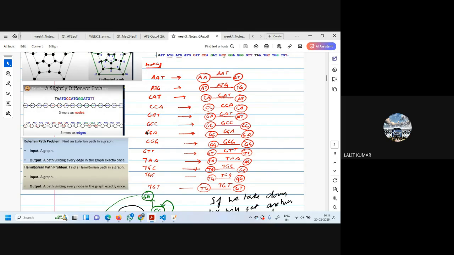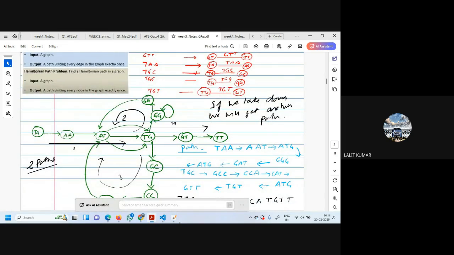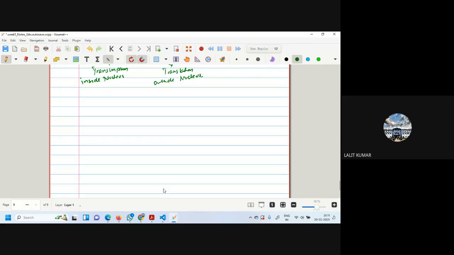Now, how do we find in a graph whether it has a Eulerian path or a Hamilton path? The basic clue the professor covered is that in any graph, if we have some nodes 1, 2, 3, 4, 5, 6, and they have an even number of outgoing and incoming edges, then it will have a path.